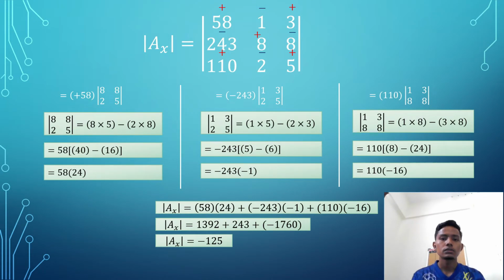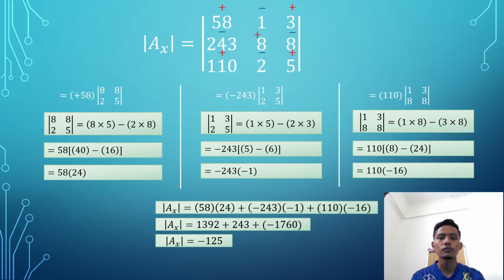So the first step to find the determinant of x using Cramer's rule is we need to put the plus minus sign for each value in the matrix. So plus minus, plus minus, plus minus, plus minus, plus. And then the second important step is we need to choose any row or any column to be eliminated permanently.